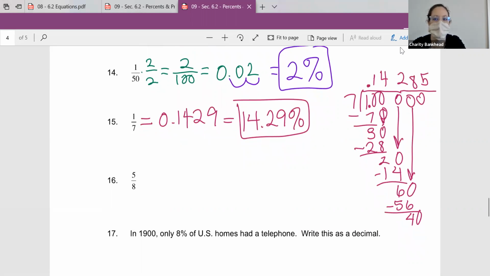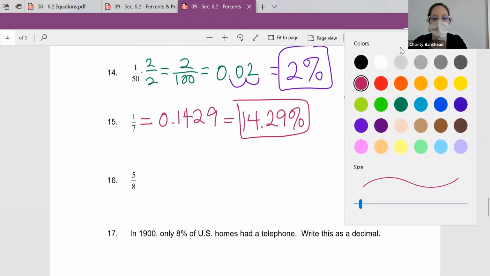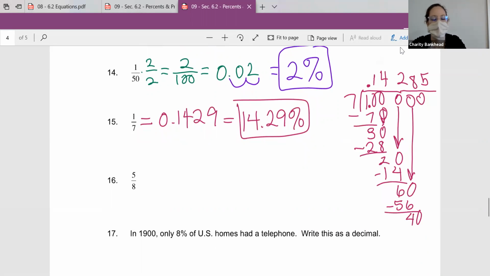Okay, 5/8. All right, so we'll just do 8 goes into 5. So 8 goes into 50 6 times. 6 times 8 is 48.